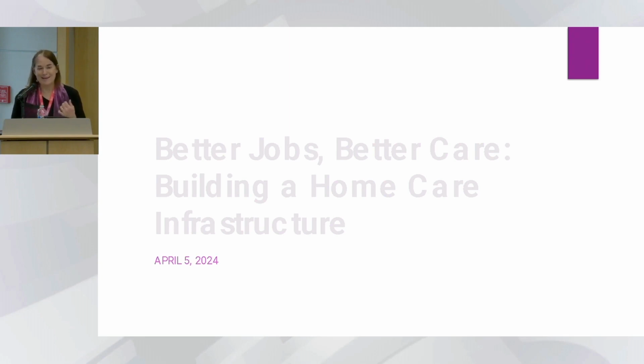We think the best way to do this is through a union, but it is tremendously challenging to organize this workforce, which is highly disaggregated. And then the third element is we need an infrastructure to help support families who are looking for care. I think anybody who's tried to find care for a parent, especially, knows what a crazy system it is.